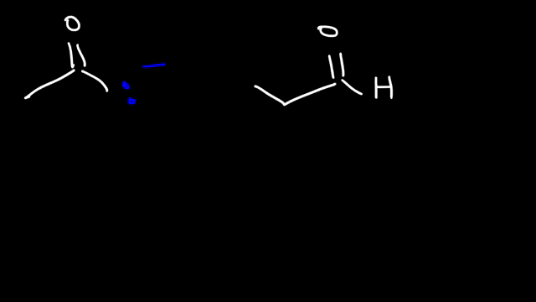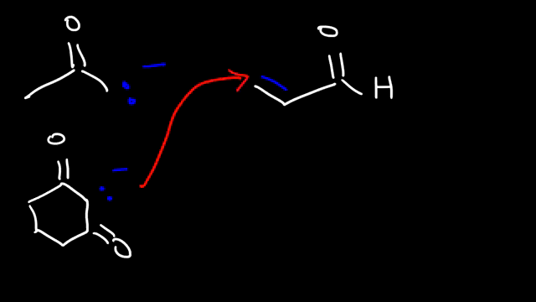Now let's say we wish to compare these two Michael donors with an alpha beta unsaturated aldehyde. Now, because this is a weak base, this is going to favor conjugate addition over direct addition.